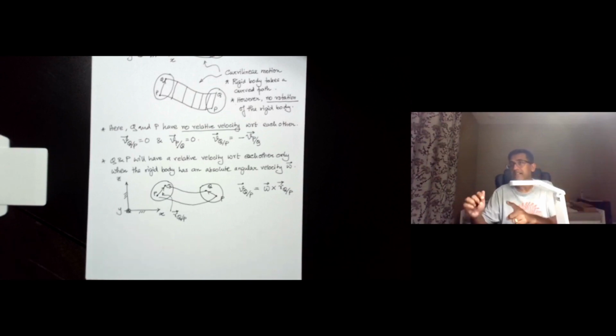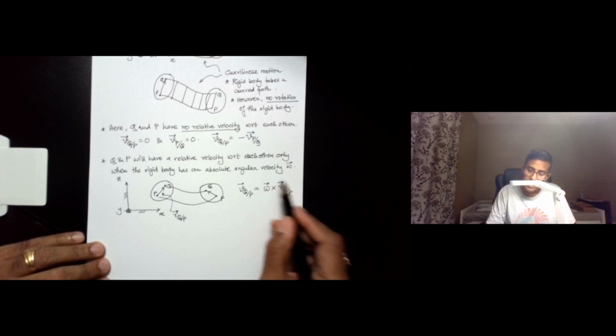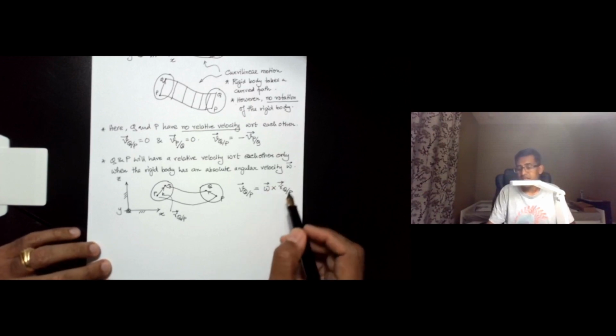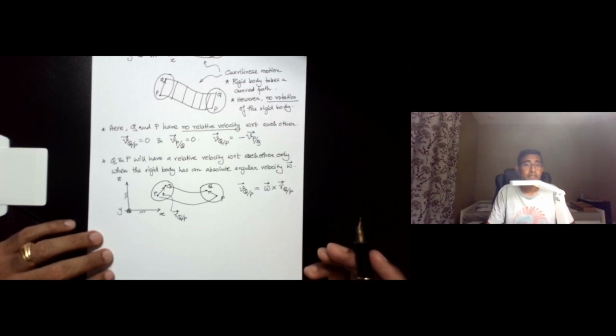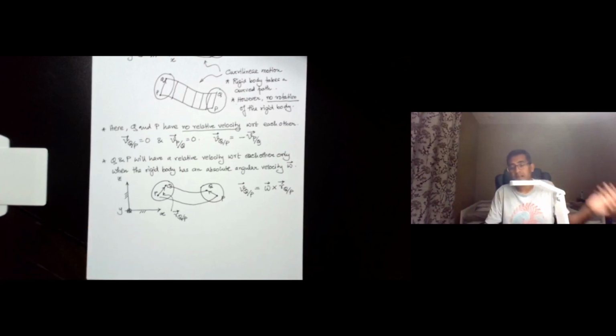So in fact that tells us that if I take a rigid body and if q and p are on a line that is parallel to the axis of rotation, even then, although the rigid body is turning, there is not going to be any relative velocity between q and p. So you have to look also mathematically at under what conditions this cross product will be non-zero, and those would be the conditions where you would get a relative velocity of q with respect to p.